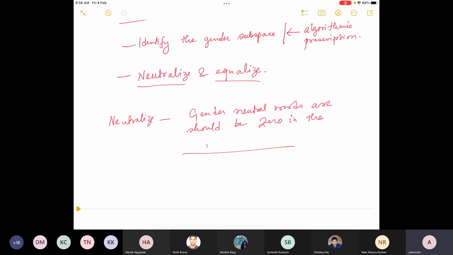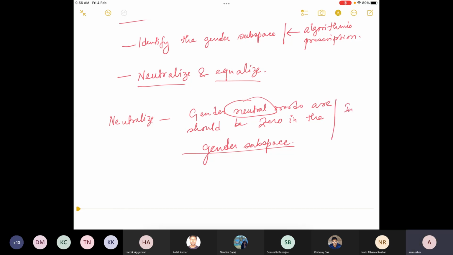In the gender subspace. That is, there should not be any gender component for gender neutral words. That's why they are gender neutral, right? Once you generate your new embeddings, in these embeddings, the gender neutral words should not have any gender component. That is the idea.